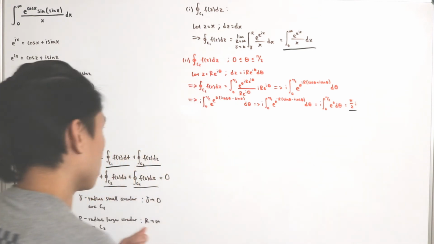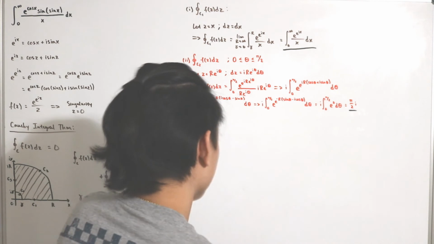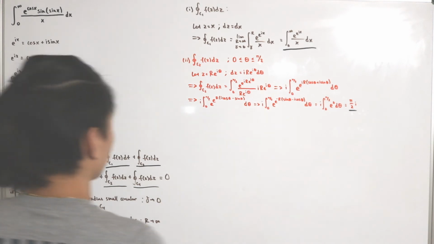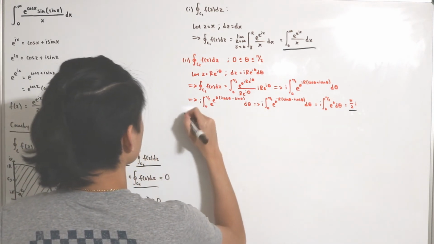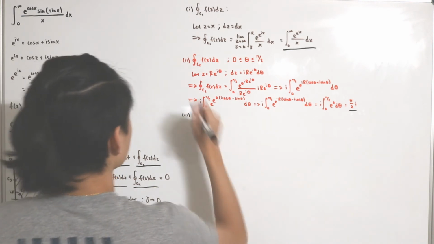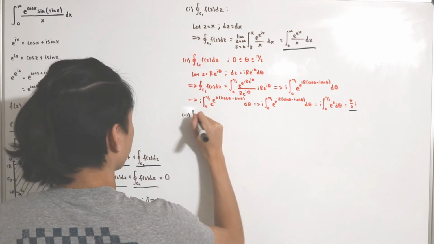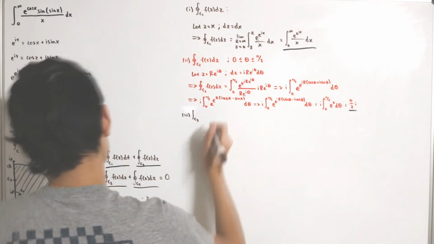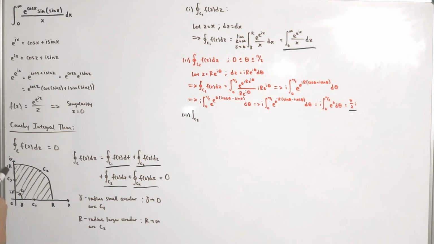All right. Next, we have to calculate our integral over C3. It's pretty similar to before from number 1, because we're evaluating from our point iR all the way down to i gamma.